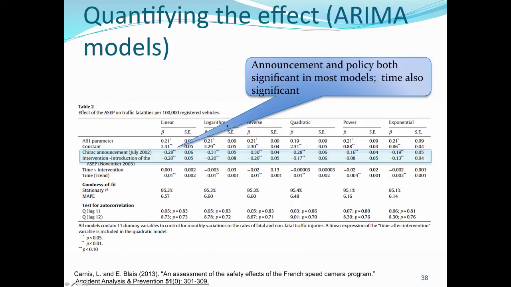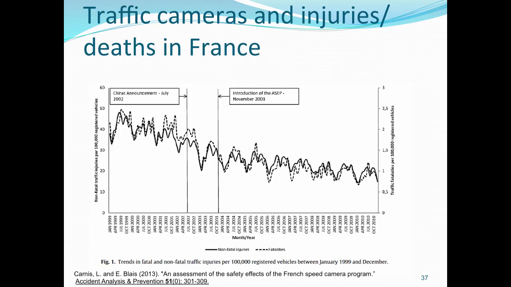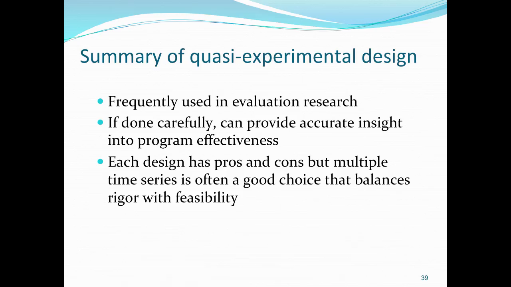So no matter which model you use, and they use many different models, they really found the same thing. So this is a very interesting study using a single time series.